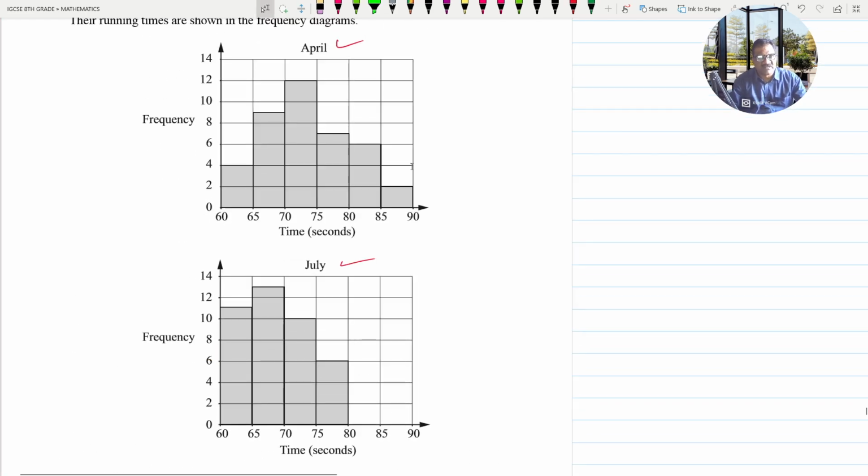Now, in this particular April graph, you can see that the time goes up to 90 seconds. So the race goes up to 90 seconds, right? And in the second graph, in the month of July, the race is going only up to 80 seconds, right? So you can say that the race was completed in 80 seconds in the month of July, and in the month of April, the race was completed in 90 seconds.